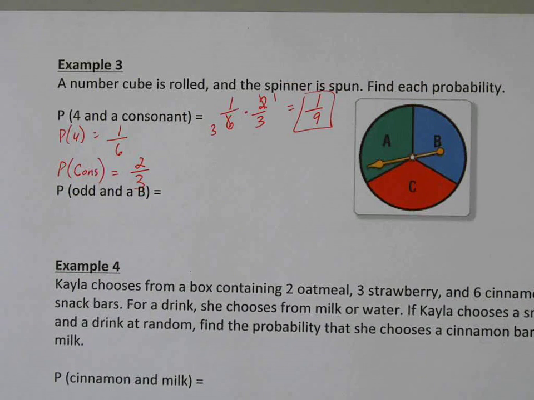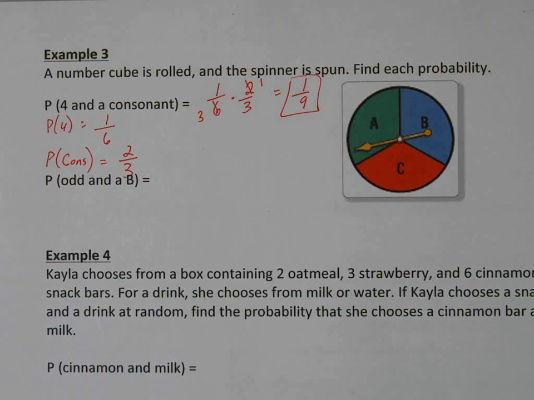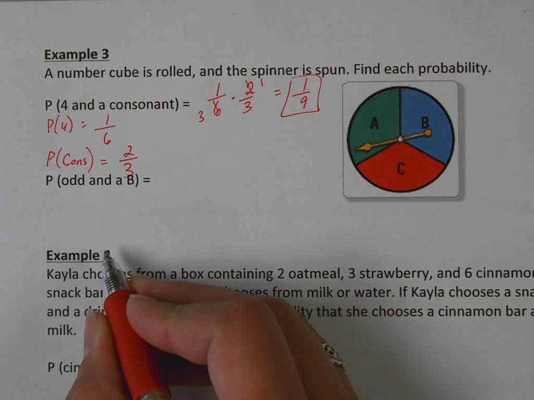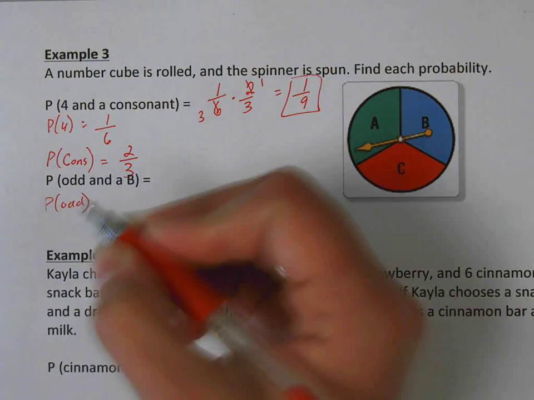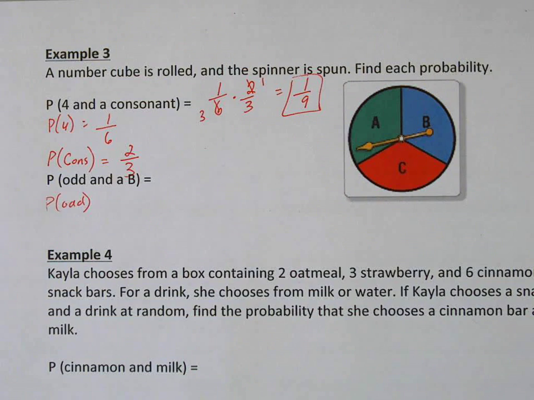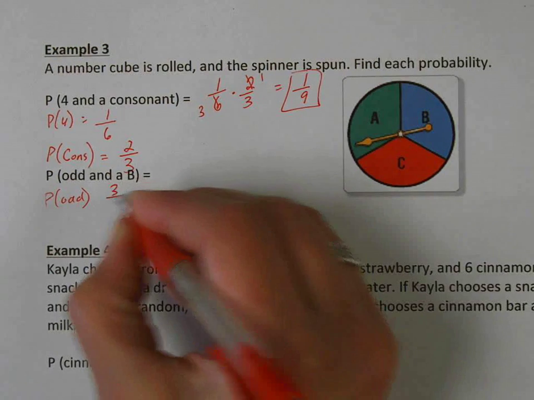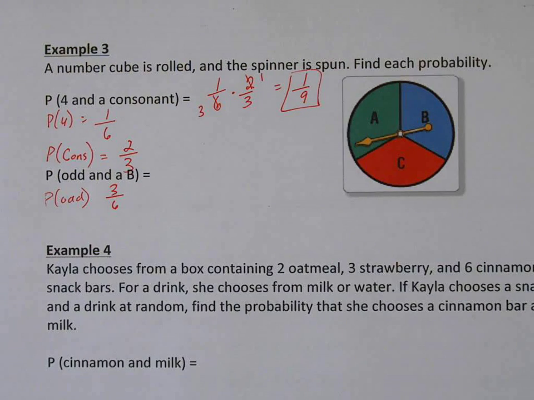Okay, the probability of rolling an odd and spinning a B. So if I think of a number cube, I have 1, 3, and 5 as odd numbers. So that's 3 out of 6.